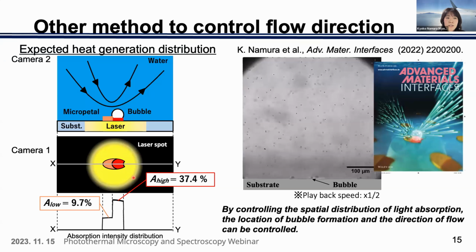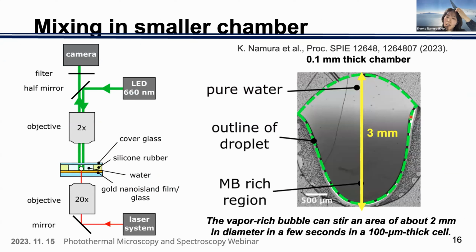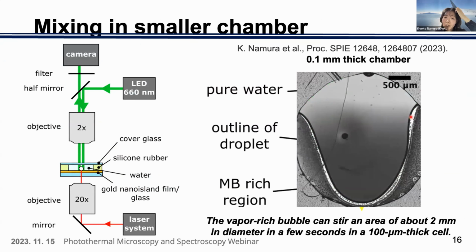Then by using this pattern, you can control the location of bubble formation and also the direction of the flow, like this.